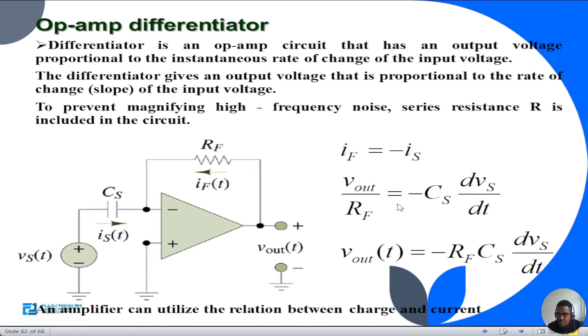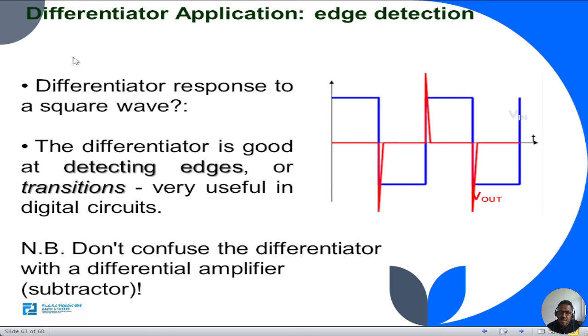So in your PowerPoint, V out becomes minus the feedback resistor times the capacitor times d of V source, that is V in over dt. An amplifier can utilize the relation between charge and current. As I said, the differentiator is mostly used for edge detection purposes. It responds to a square wave.